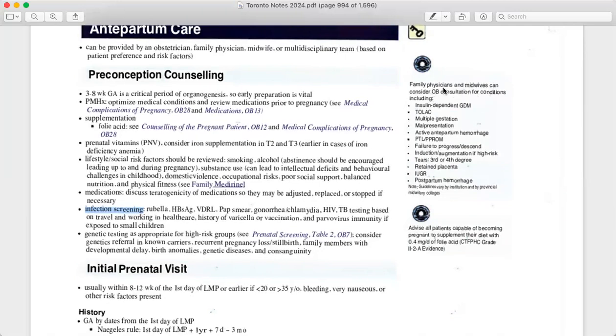Family physicians and the midwives can consider obstetric consultation for conditions including these. So if they ask in which conditions a female who is going to deliver with the midwives should take the obstetric consultation, these are all the conditions.